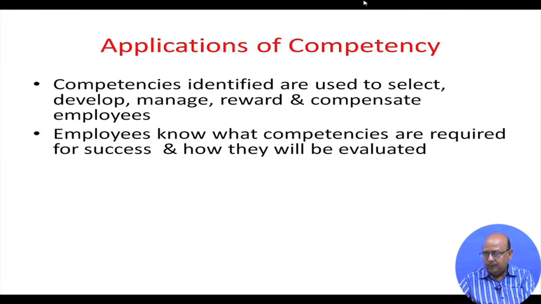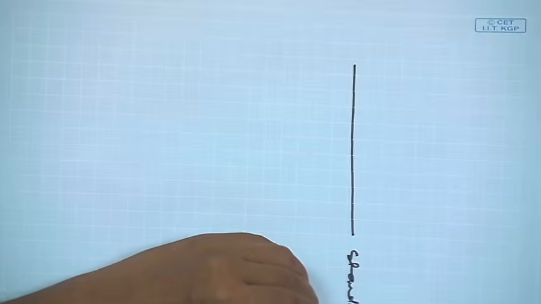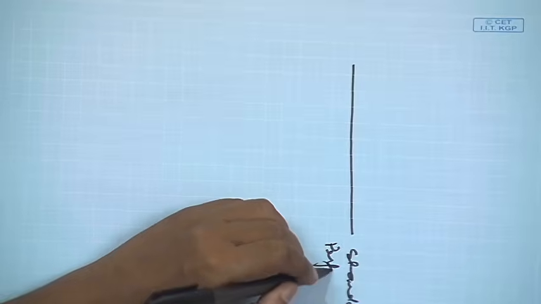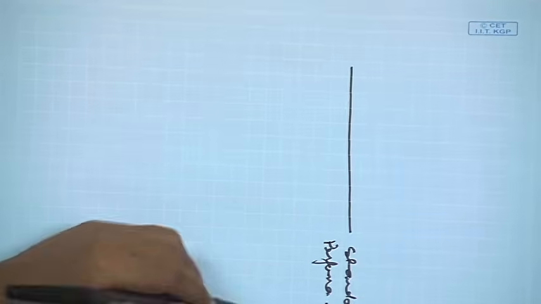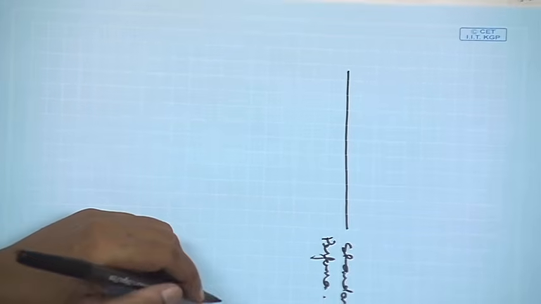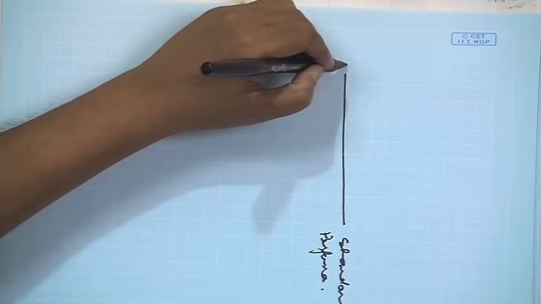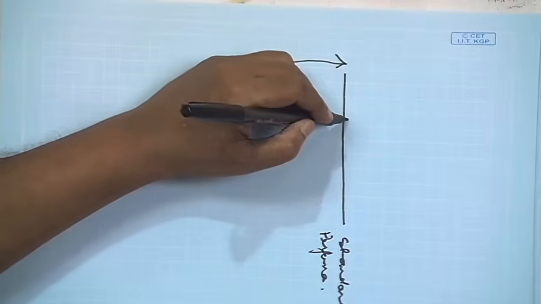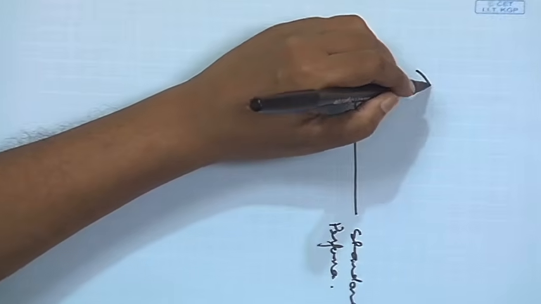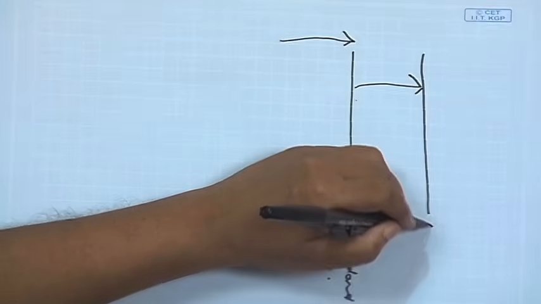Okay. So, for example, when I am trying to apply the competencies, this is the standard performance level, right. Now, you have reached this level. Now, you move beyond and then you say that this is the outstanding performance level.